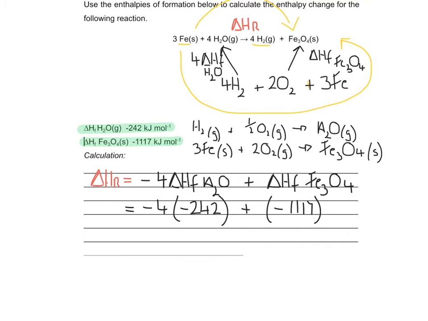And the final answer then will work out at minus 149 kilojoules per mole. So this reaction is an exothermic reaction. And we've got to remember the fact that the delta HF for an element is 0.